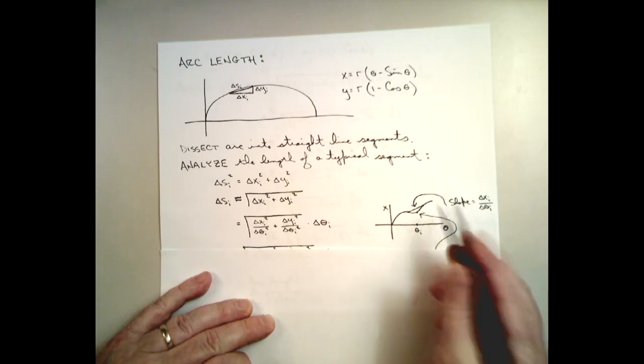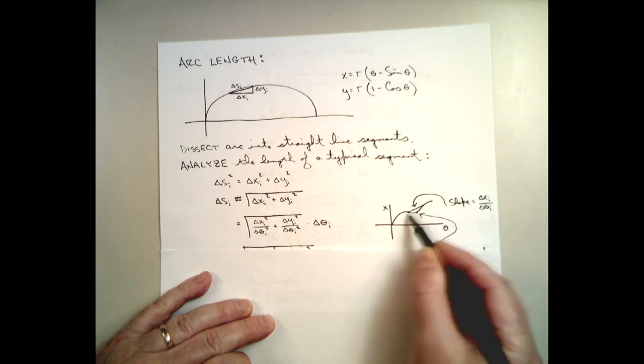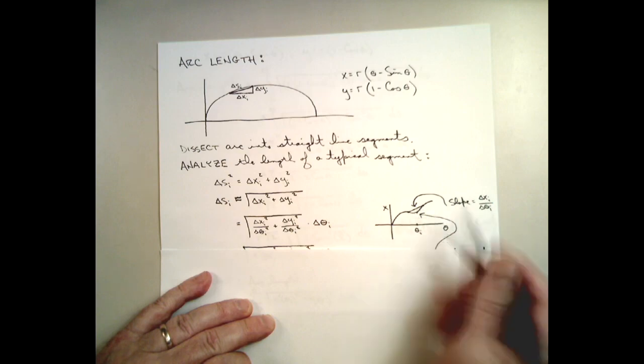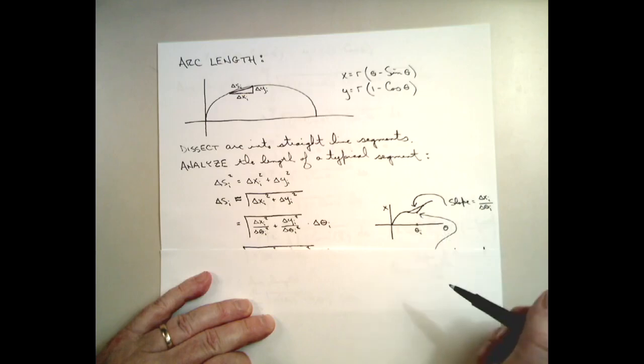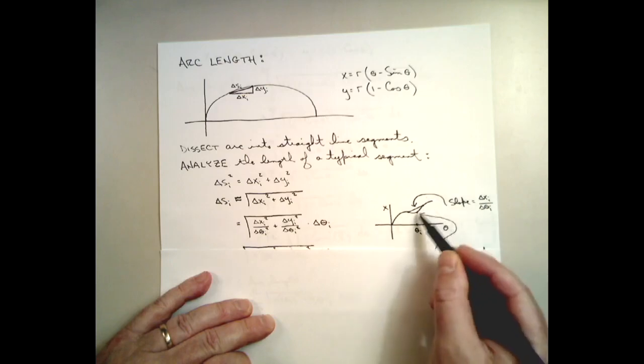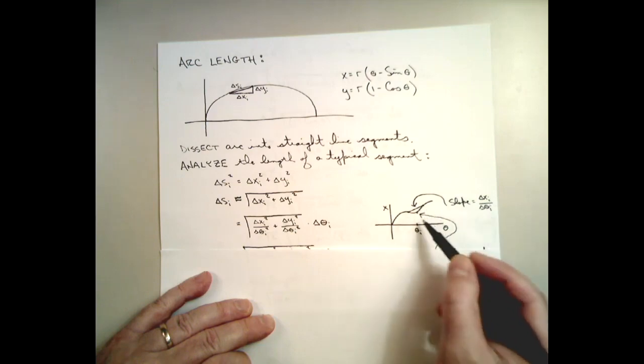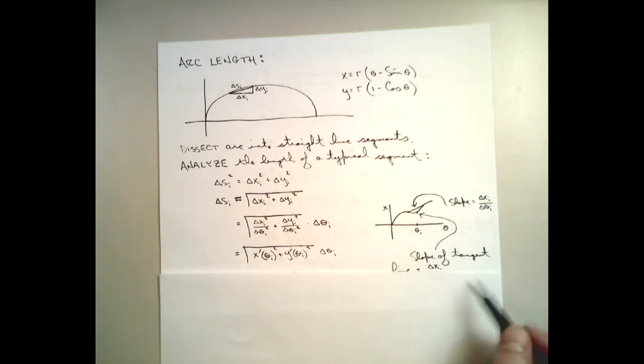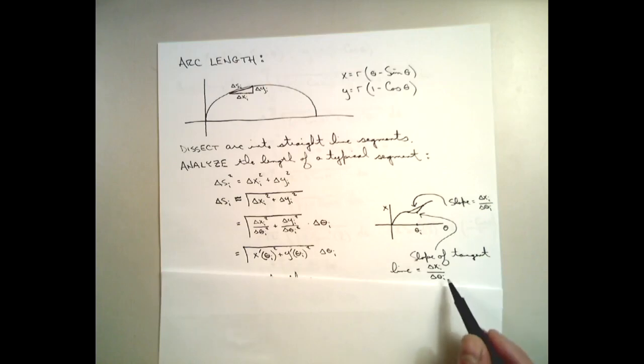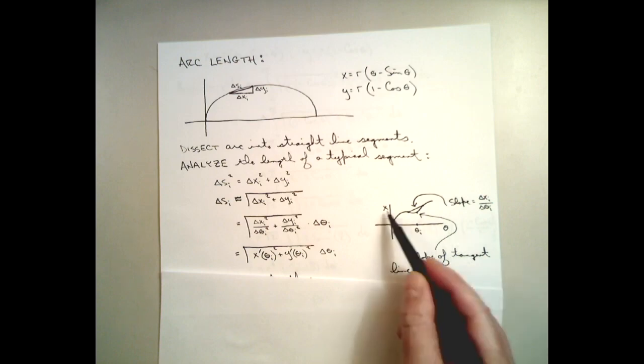If I take that line segment and I keep the slope the same, but slide it off the graph, there's some last point at which it's going to hit. And at that point, that slope is still going to be delta x sub i over delta theta sub i because I didn't change it, but that's also going to describe the slope of the tangent line at that point. So the slope of the tangent line is going to be delta x sub i over delta theta sub i. But the slope of the tangent line is also the derivative of the function.